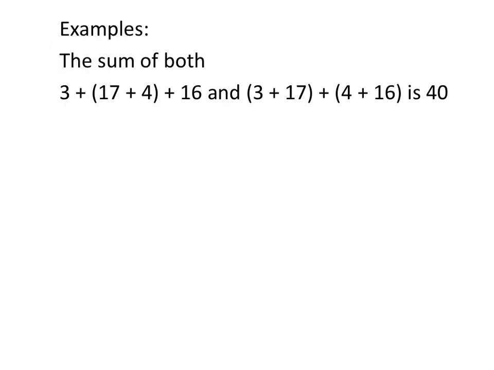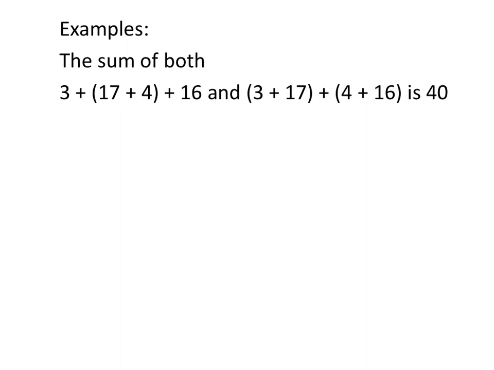Here's an example of the associative property. So when we look at this grouping, right? Here we're grouping 17 and 4. And by the order of operations we'd have to do that first. But you've also got your friends 3 and 16 over here. And well, if you combined this group of friends and made that 3 plus 17 and you group this group of friends, 4 plus 16, it's not going to make a difference in terms of who your friends are.